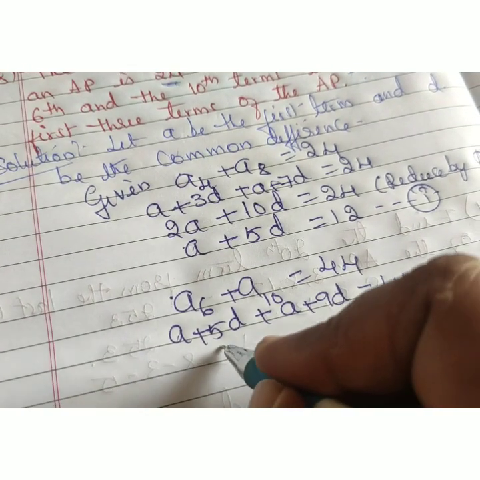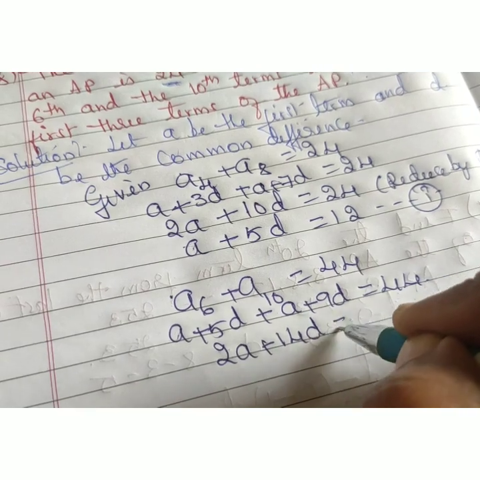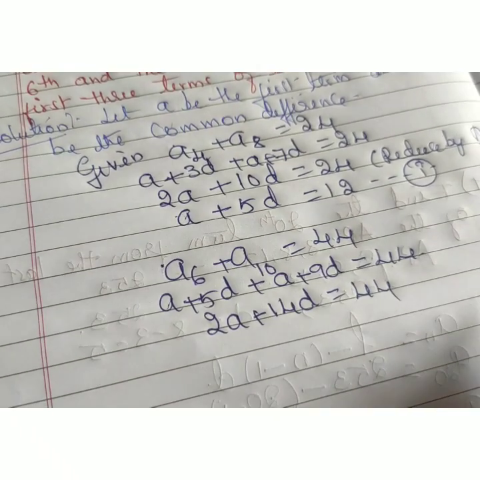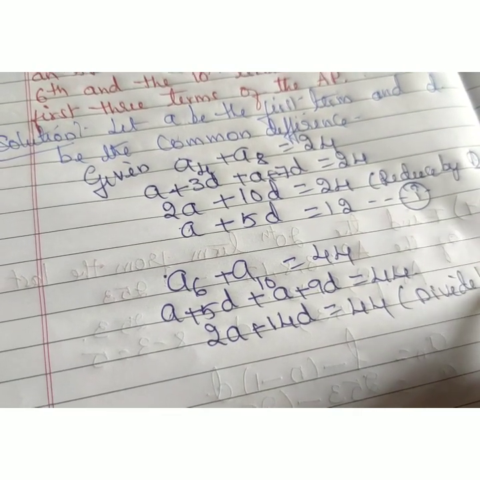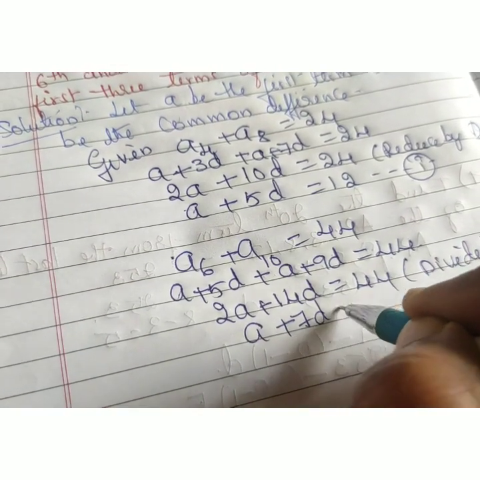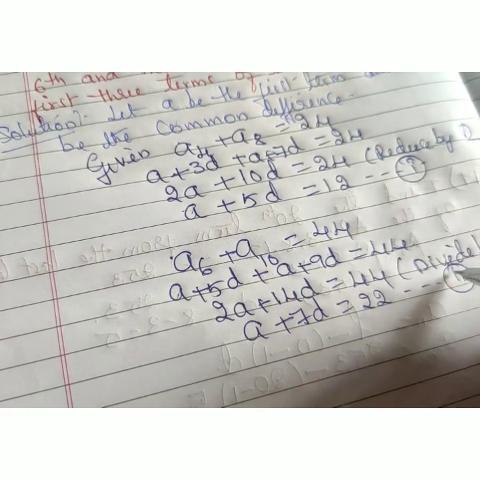So you have 2A plus 14D is equal to 44. Again divide by 2, you will be getting A plus 7D is equal to 22. That is your second equation.